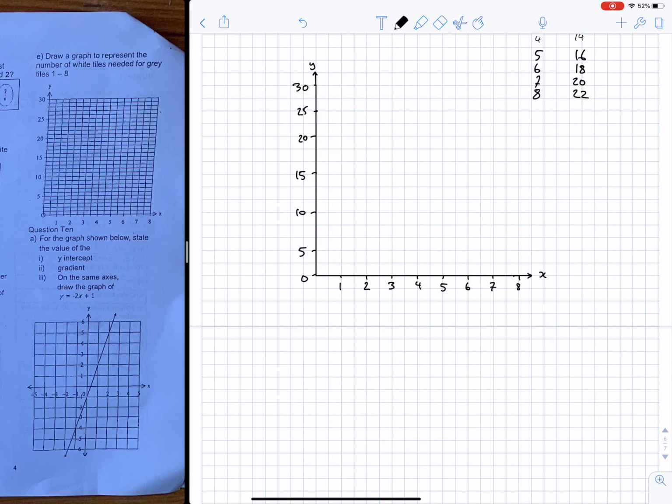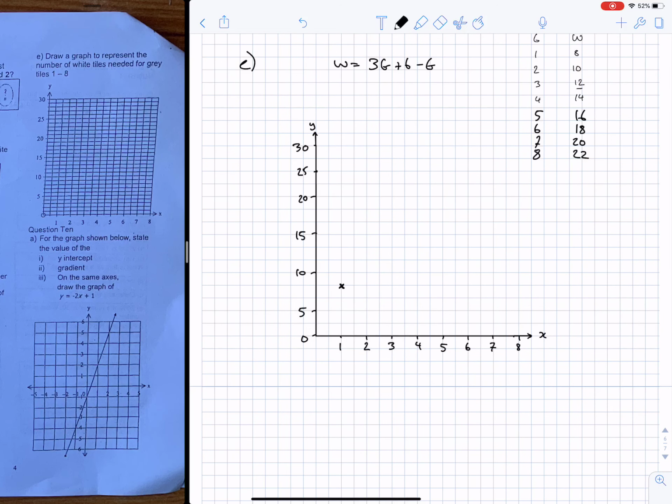Okay, no. Let's go ahead and plot it. So 1 is 8, which is around here. So 7.5 is in the middle. So yeah, I would say 8 is around here.